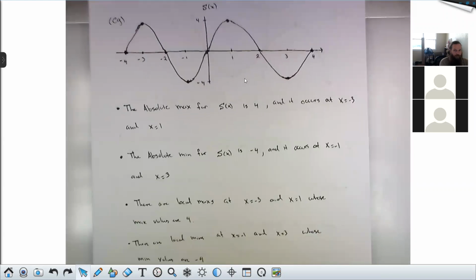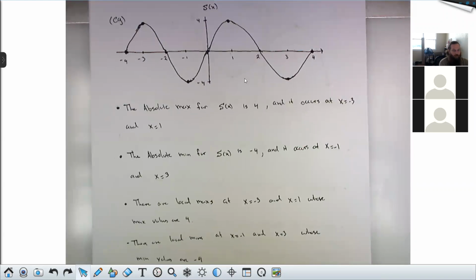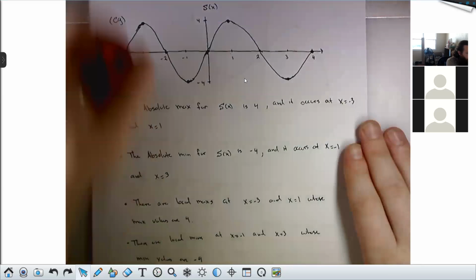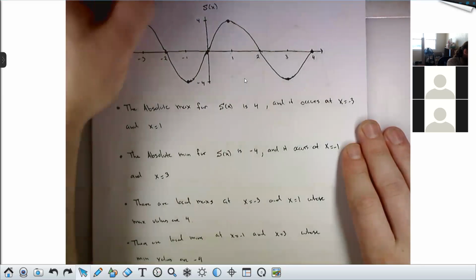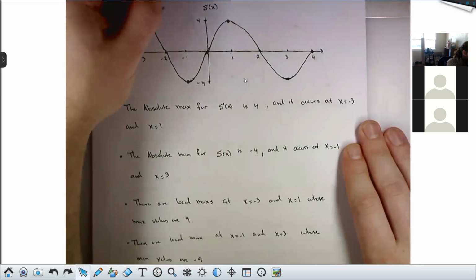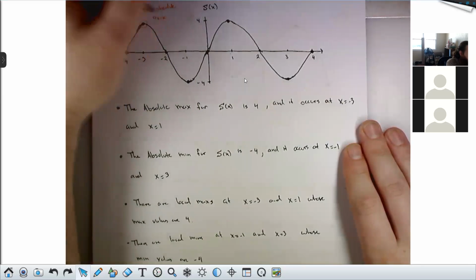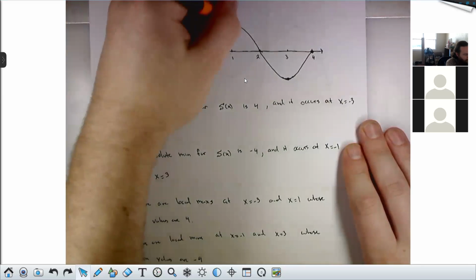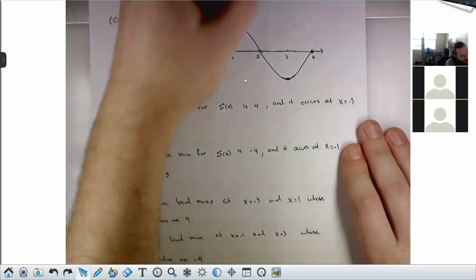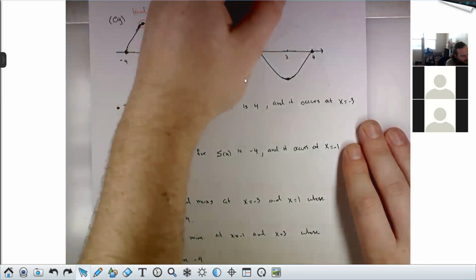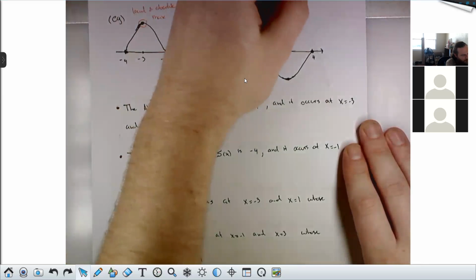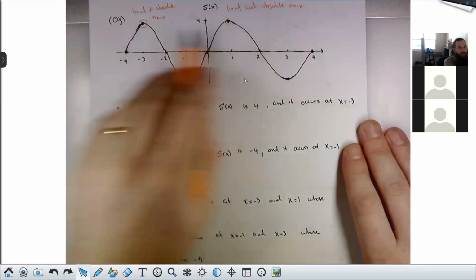In other words, these guys are local and absolute maxes. It's the same max value.